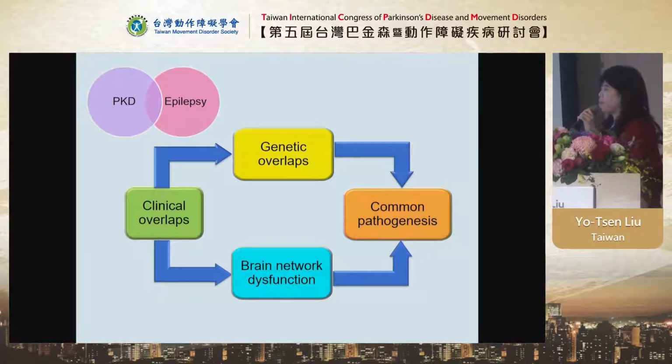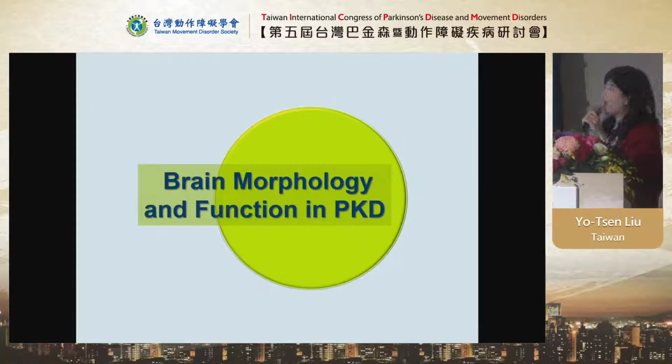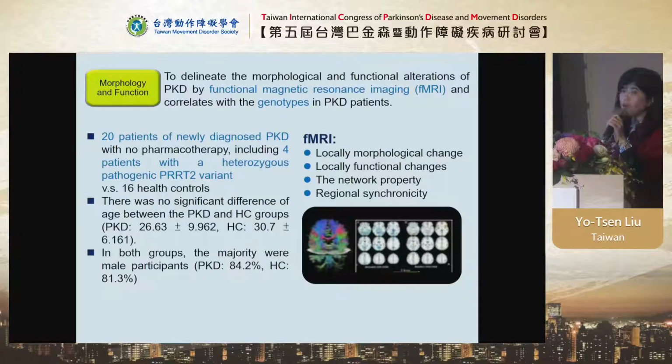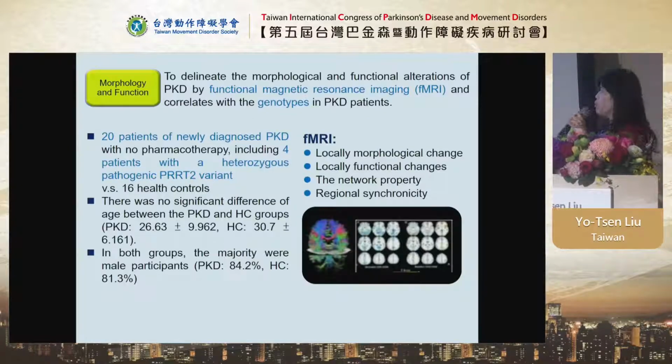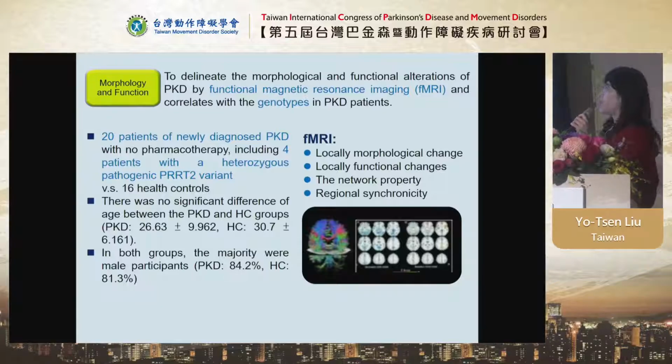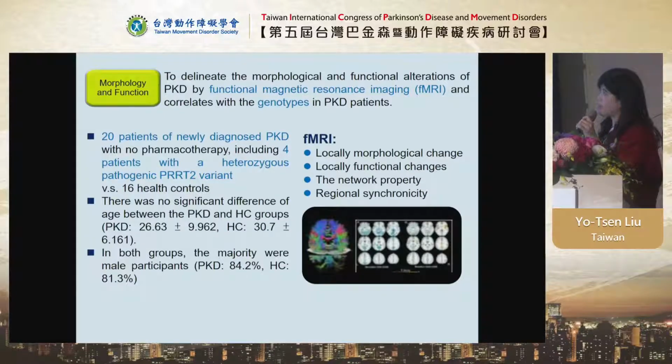So since there is a brain network dysfunction, we are eager to see whether there is any brain morphologic and functional change in PKD. So we use functional MRI to look for the local morphologic change, local functional change, and network and regional change. And we recruited 20 newly diagnosed PKD patients.